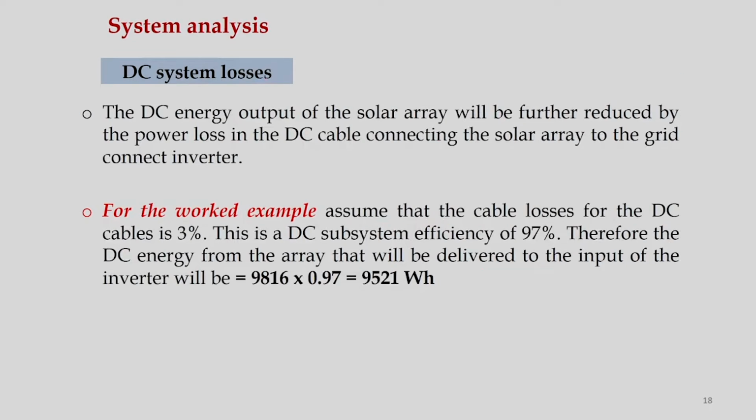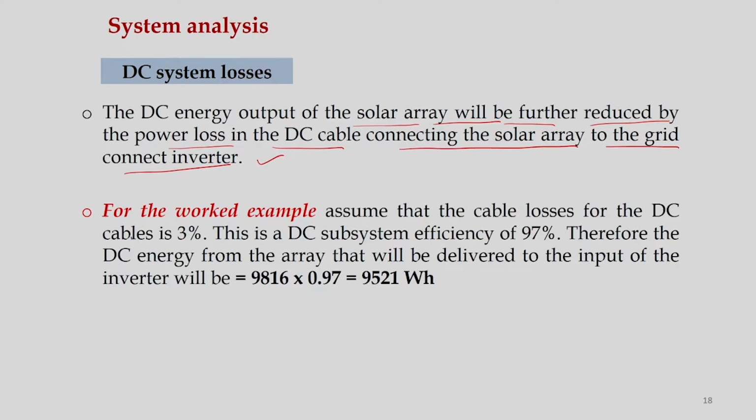Now, if we are concerned with DC system losses, the DC energy output of the solar array will be further reduced by the power loss in the DC cable connecting the solar array to the grid connect inverter. So this needs to be considered.